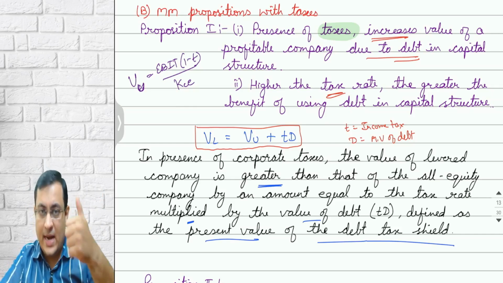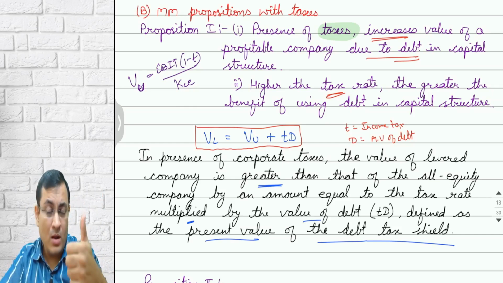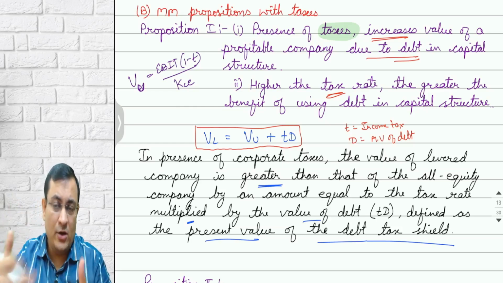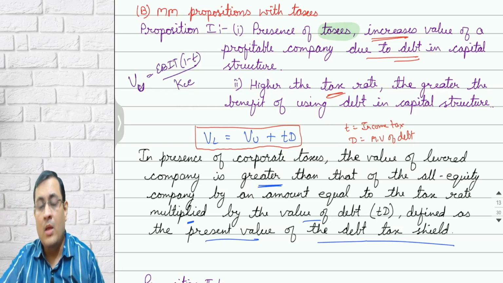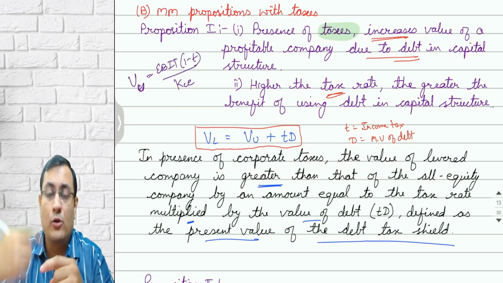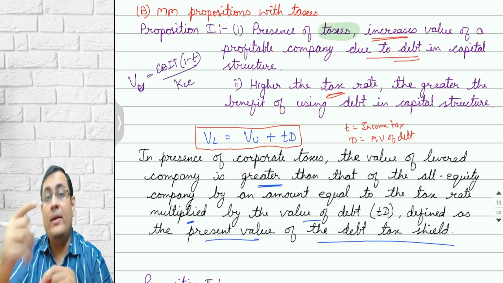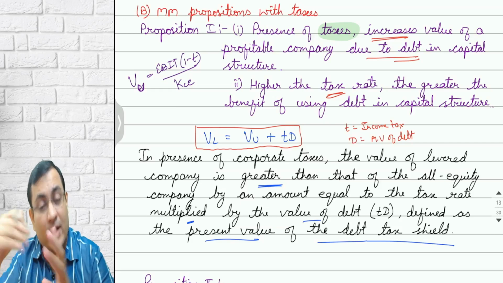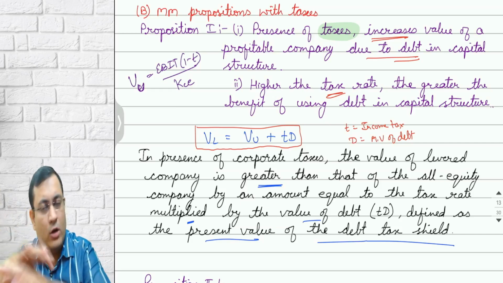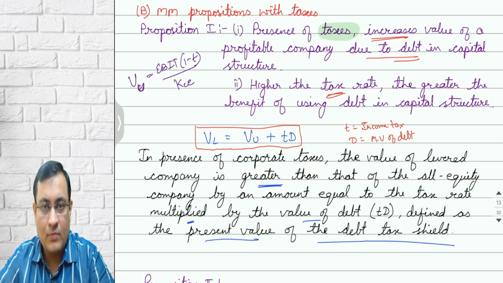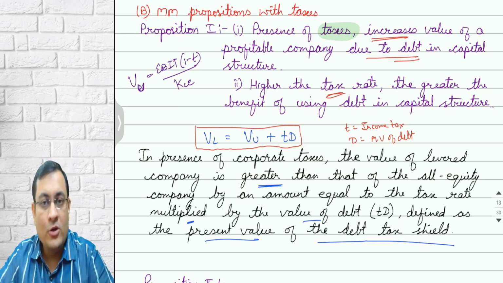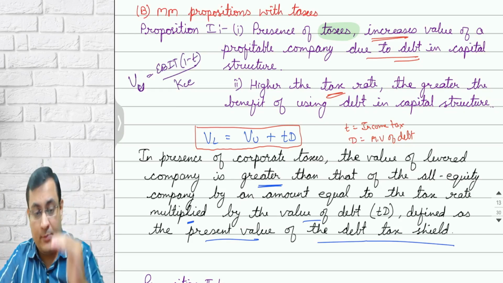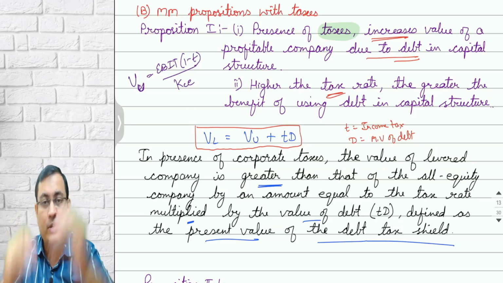Now for valuation, as you increase the debt in your capital structure, the debt is going to pay interest, and interest is generally a chargeable expense under the Income Tax Act in almost every jurisdiction across the world. If it is a chargeable expense, it will be deducted before calculation of tax.